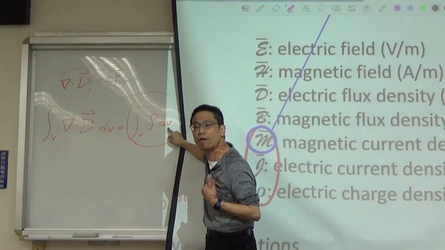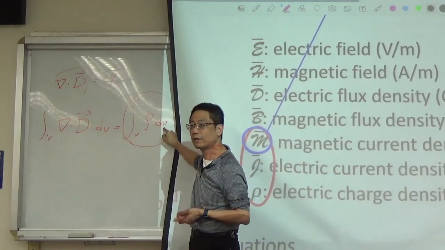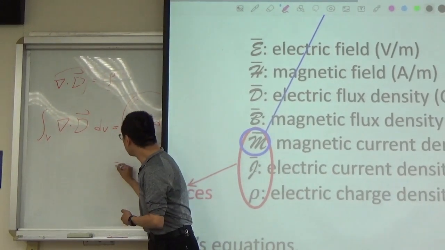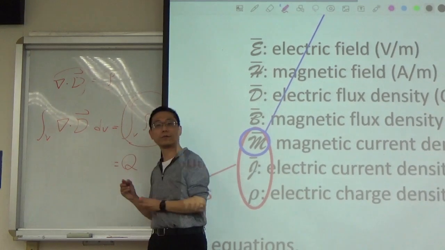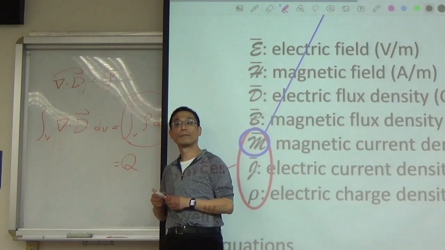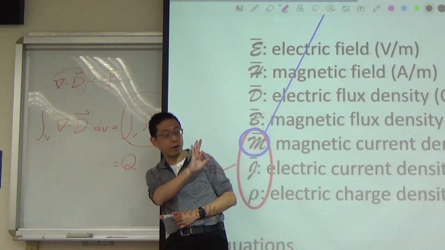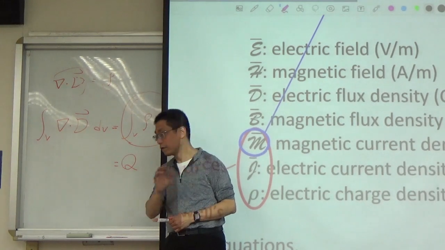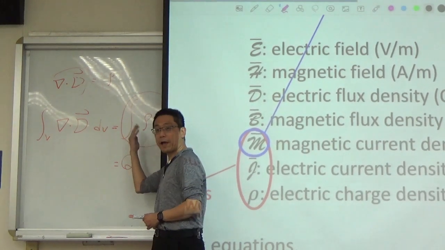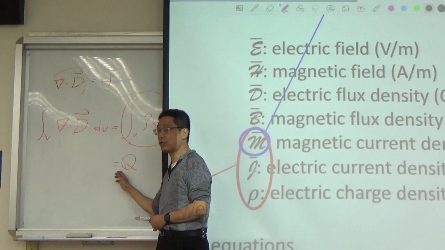Is that correct? Okay. This one will equal to Q, right? Are we okay? Are we good here? Okay. The right hand part will become Q.